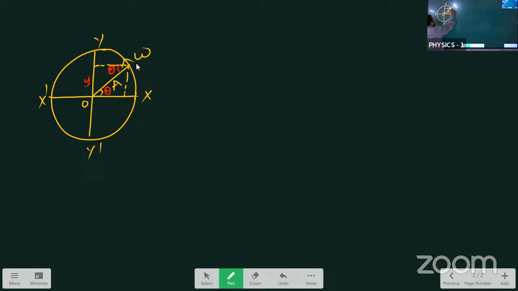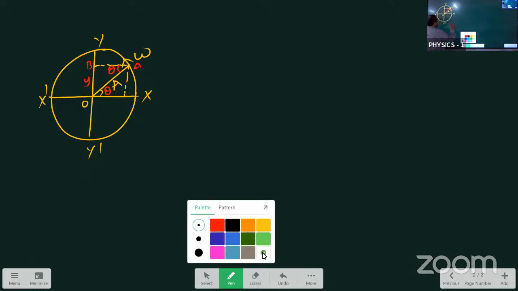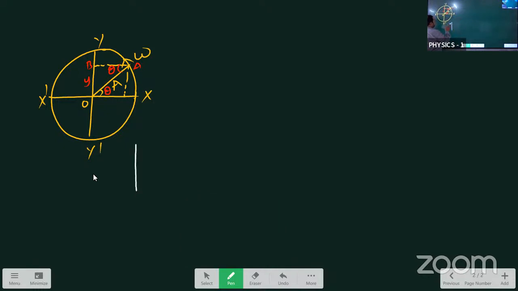This is A, angle theta, and this is Y. So we get triangle OAB, one right angle triangle. Theta is opposite to OB.